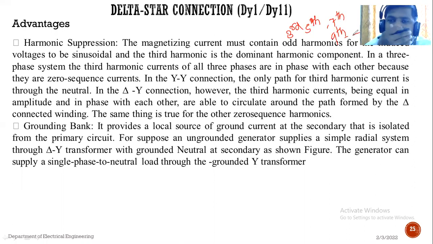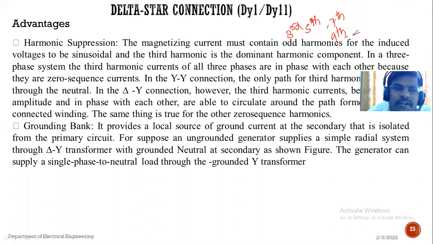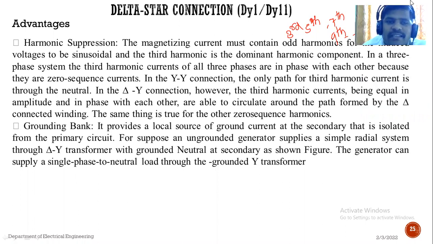So an odd number of harmonics. The magnetizing component always contains odd harmonics. Due to that, for the induced voltage to be sinusoidal, the third harmonic is the dominant harmonic component.